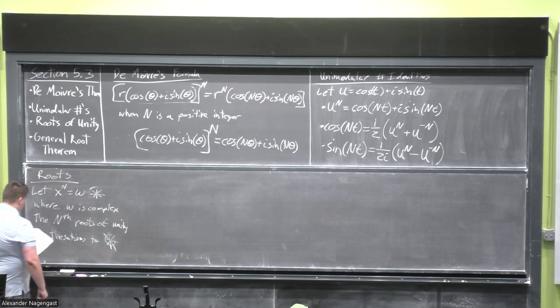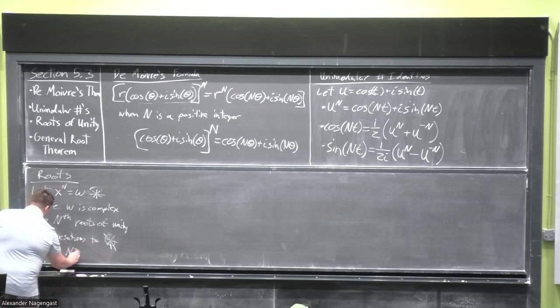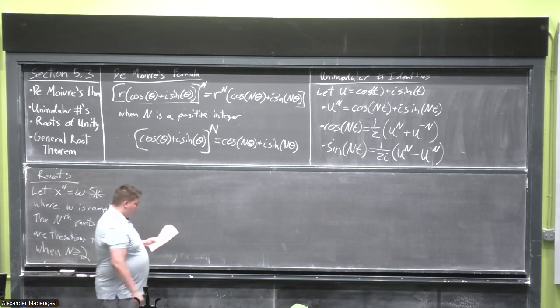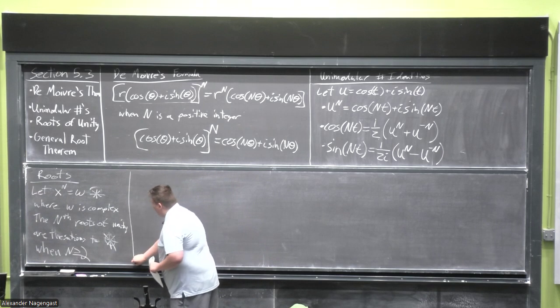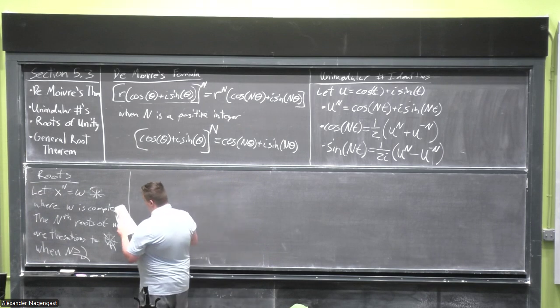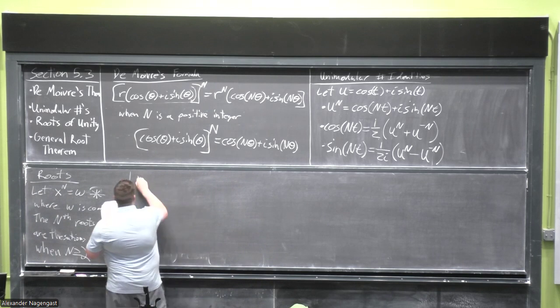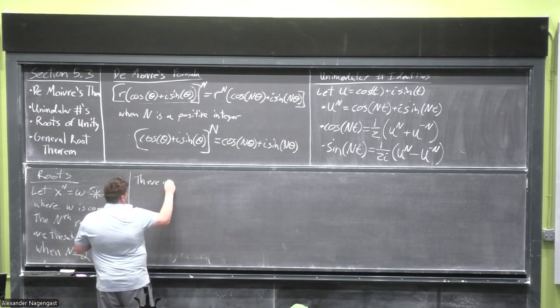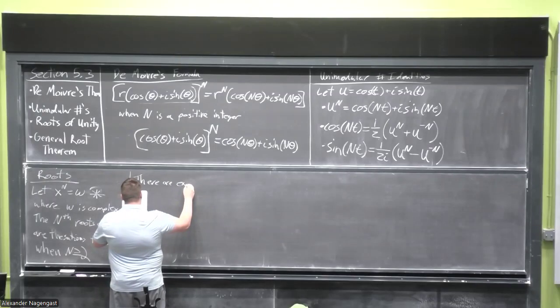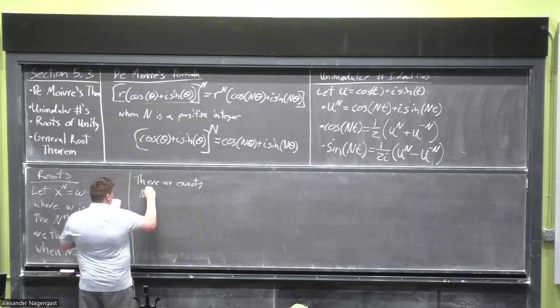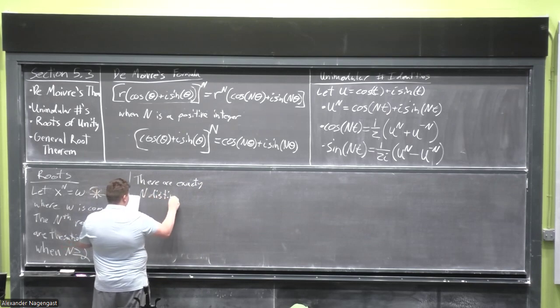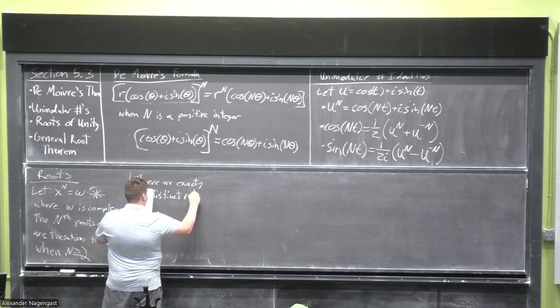And this is when n is greater than or equal to 2. So what happens is we are guaranteed that there are exactly n distinct roots of unity.